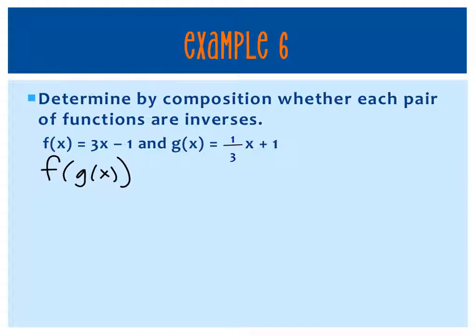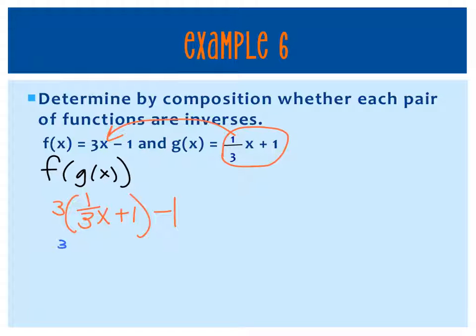This goes back to your composite functions. Replace x in f of x with 1/3 x plus 1. Good. I'm going to take whatever g of x is and plug it into the x in f of x. So this would be 3 times (1/3 x plus 1) minus 1. Good.